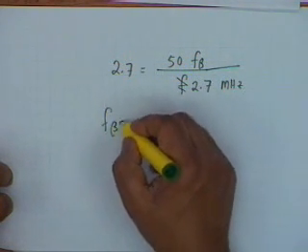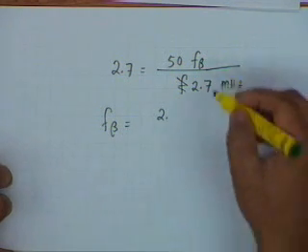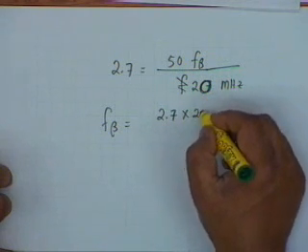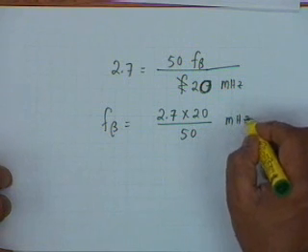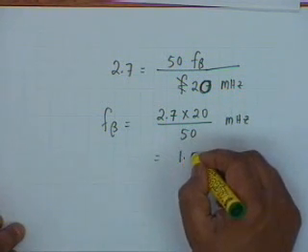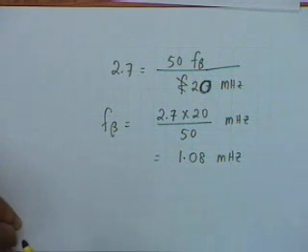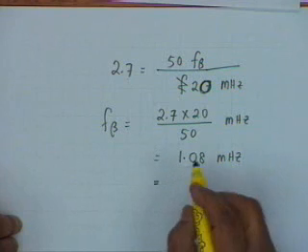Therefore f beta is 2.7 multiplied by 20 divided by 50 megahertz, and this is equal to 1.08 megahertz.